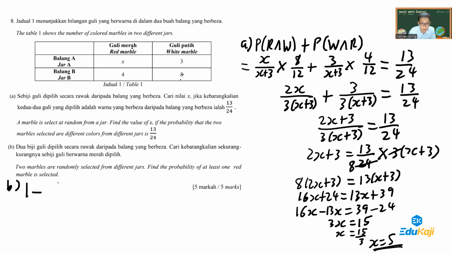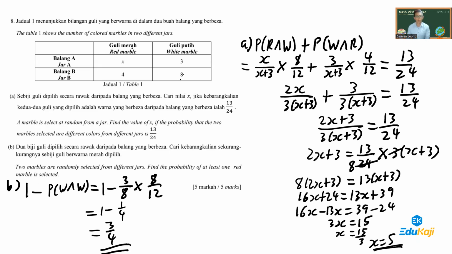So from jar A, white and white. Means 1 minus probability first on white, 3 out of x is 5, so 8 times 8 over 12. 1 minus 1 over 4, 3 over 4.